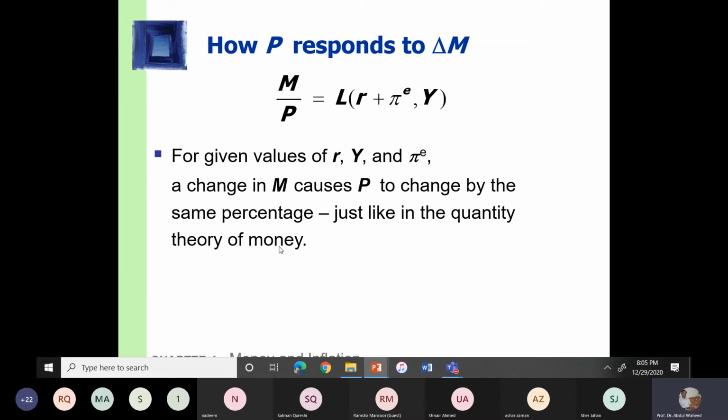As we discussed in the quantity theory of money, there exists a direct and proportional relationship between money supply and prices. So here again, a change in M causes a proportional change in P to keep equilibrium in the money market. So whenever we change money supply, it will change the price level.